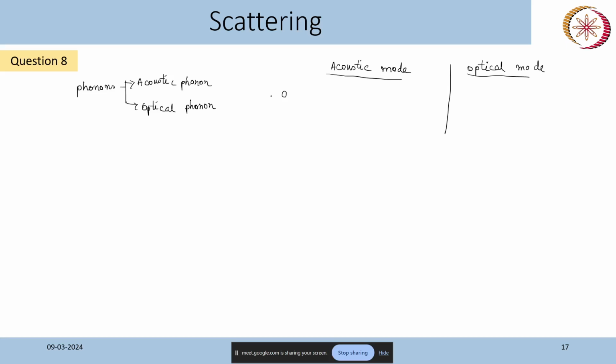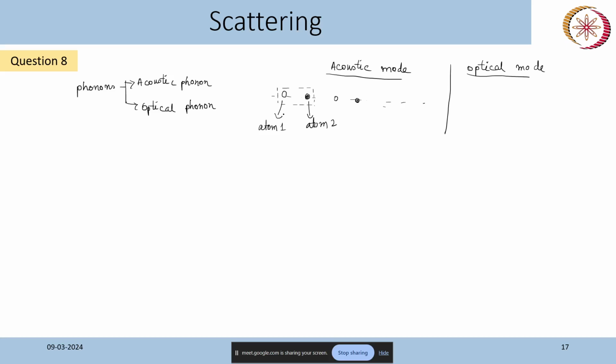So this is a basis, atom 1 and atom 2. I'm considering a 1D lattice because it is the simplest case, but you can also check what happens in 2D and 3D lattices.